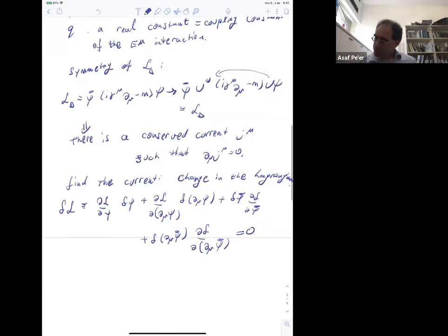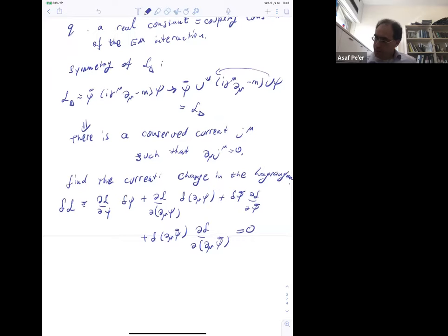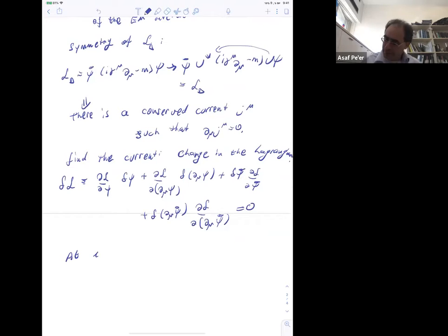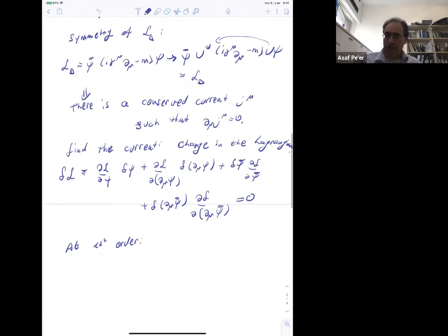Now, changing the Lagrangian when we're making this phase transformation, at first order, the transformation we have is psi goes to e to the i q chi times psi. So we can write e to the i q chi as 1 plus i q chi.